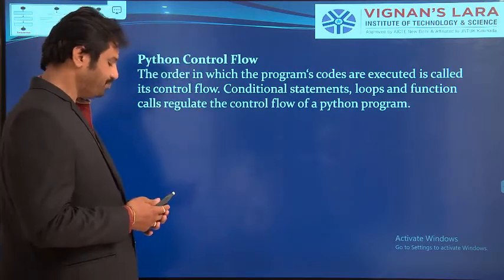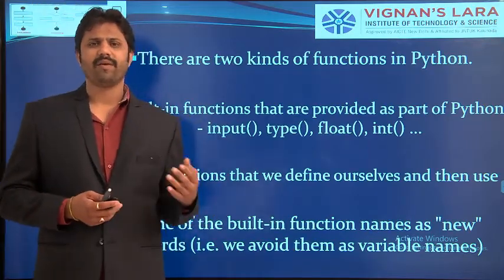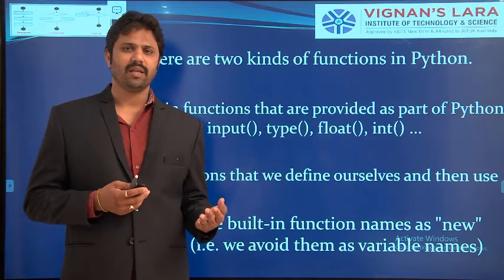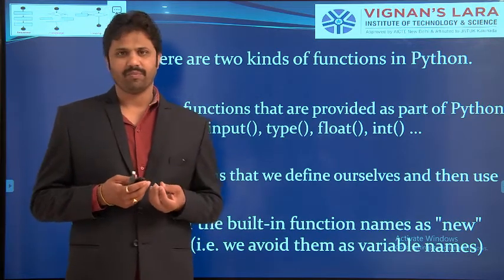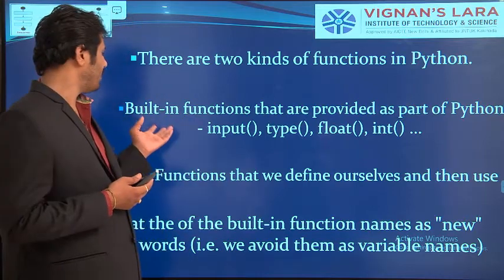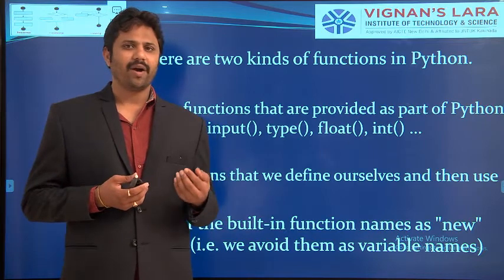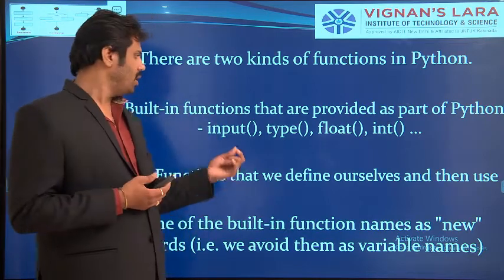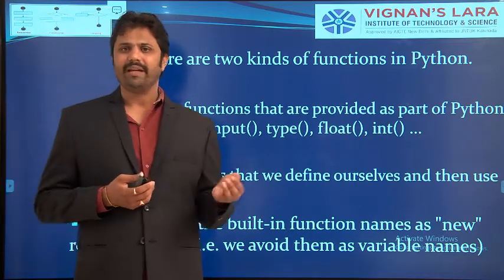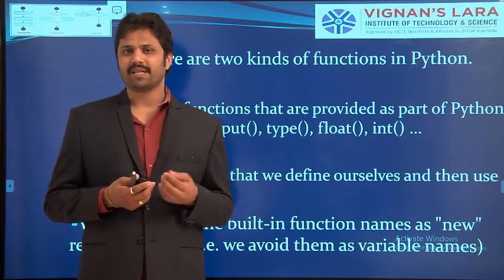So, let us see. We already know, from previous programming languages, what is the need of a function. Here we have two types of functions. First, built-in functions. That means we use functions like input, type, float, int. We have seen so many functions in previous examples.